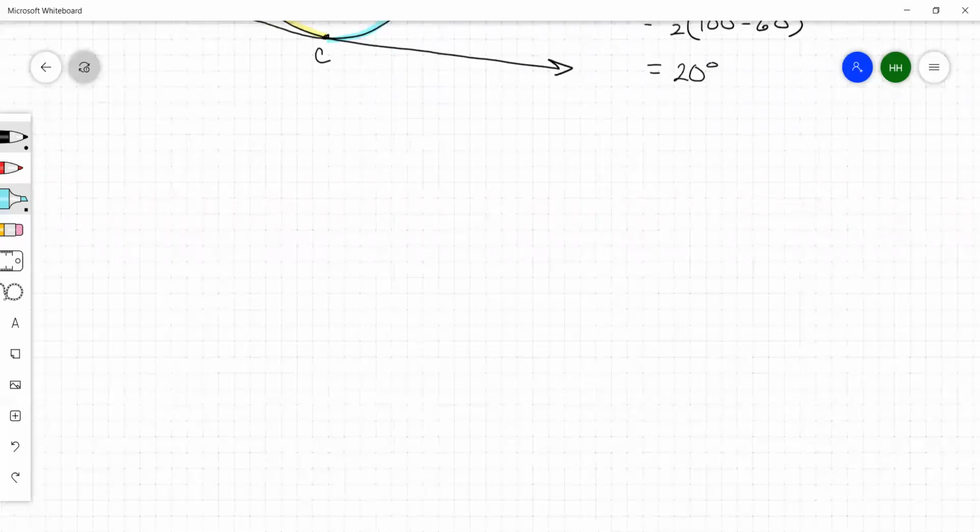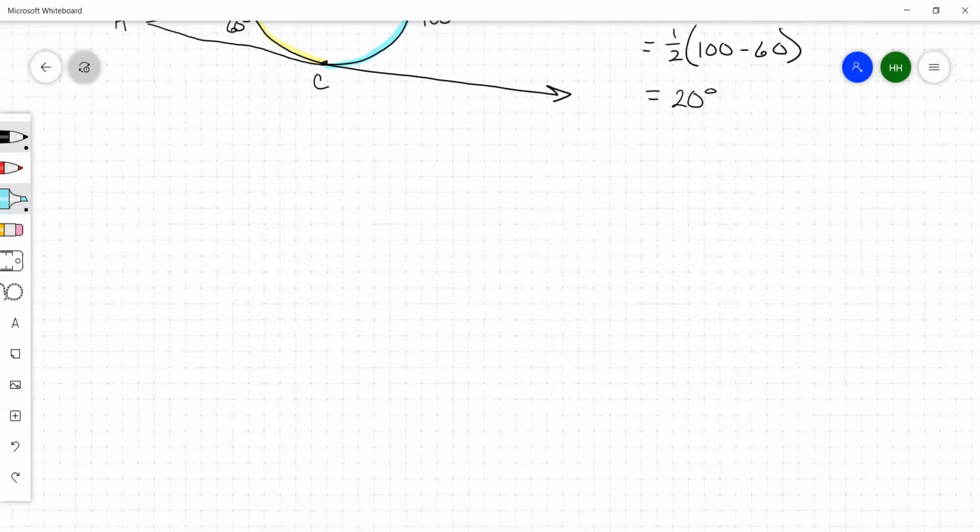All right, and then finally we have two tangents intersecting outside of a circle.